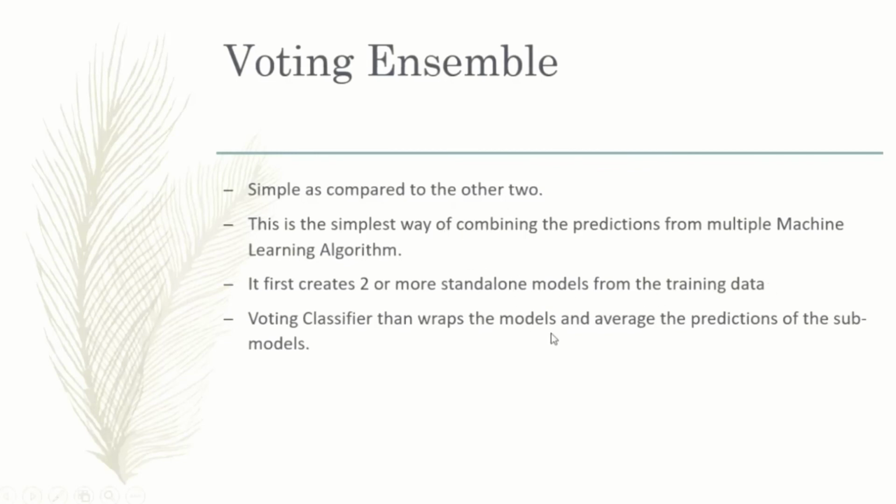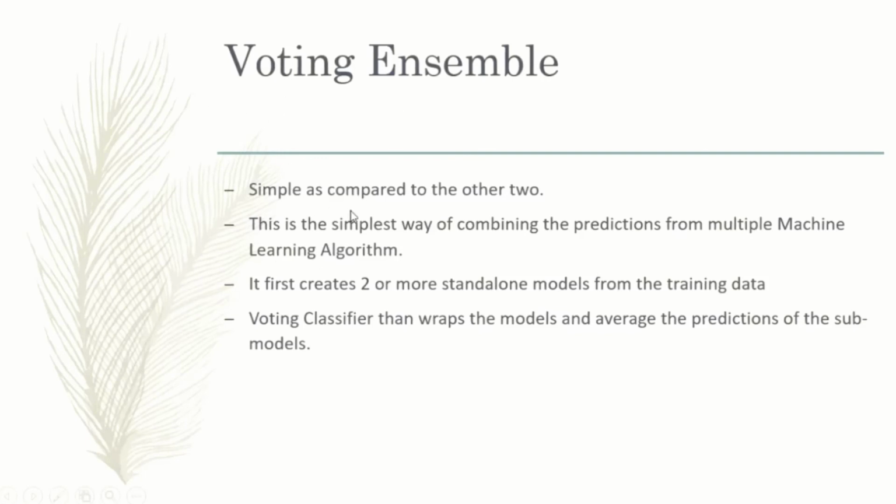These models then make predictions, and this averages the predictions of all the submodels and gives you the prediction. Again, the same thing: from a data set, different submodels will make predictions, and then they will be combined. So this is what ensembles do to boost the efficiency of your model.